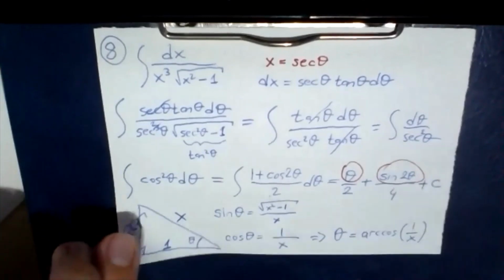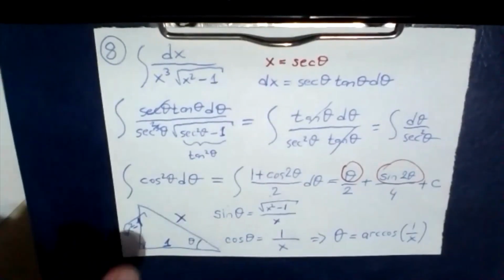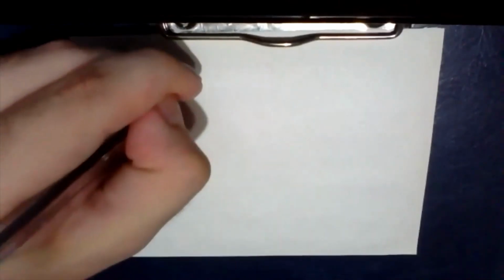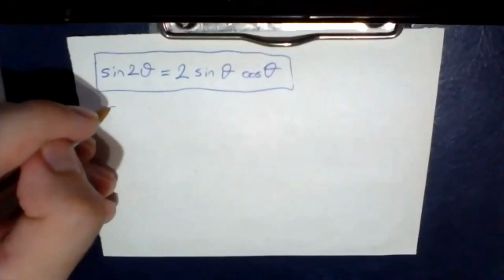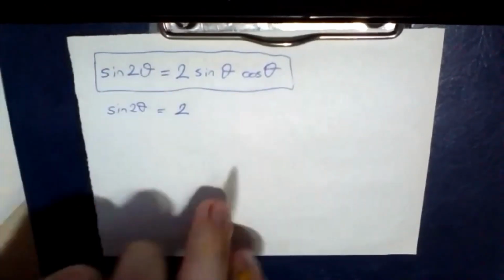But to find sine 2 theta, we need one more trigonometric identity. Sine 2 theta was equal to 2 times sine theta times cosine theta. That was a trigonometric identity. Then we can replace them in their places. 2 times, what was sine theta?